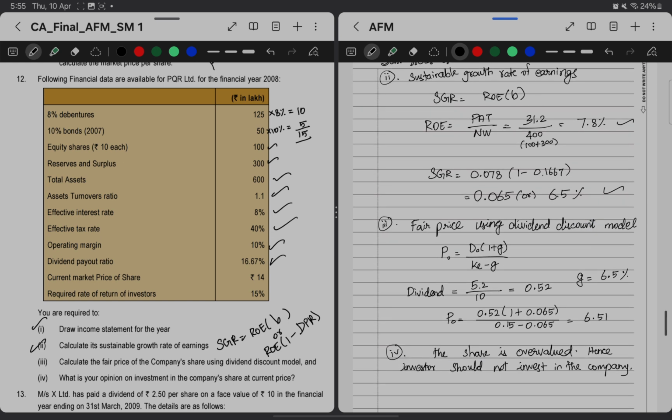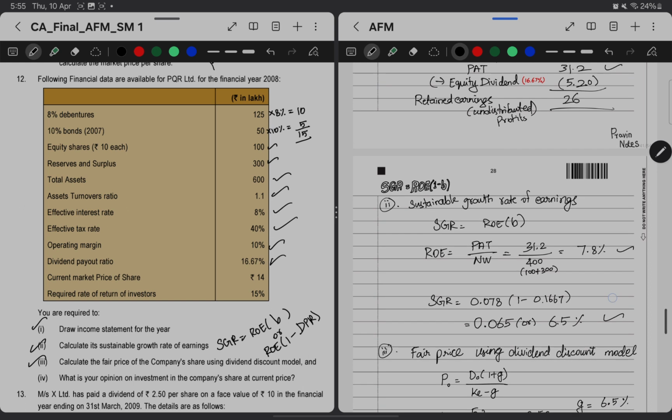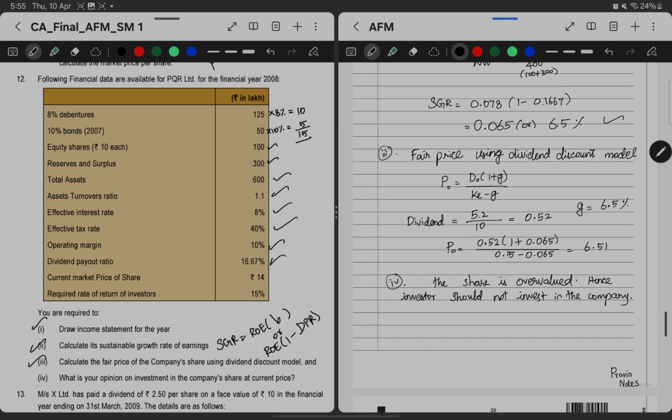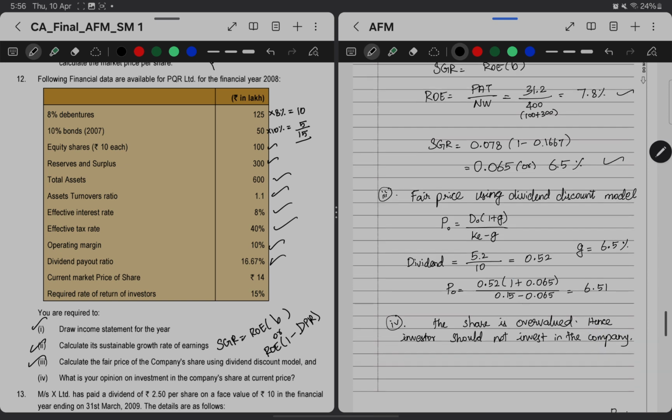Then coming up next, they are asking us to calculate fair value of company share using dividend discount model. So that is simple, since we know that dividend, then we have to multiply the dividend with the growth rate. So we know the dividend as 5.2.